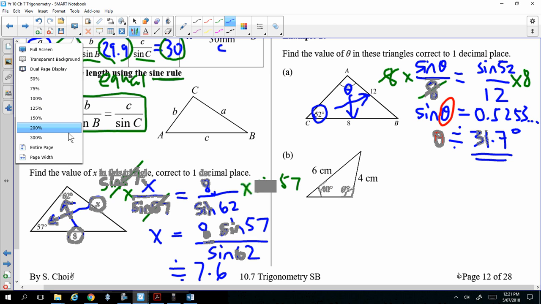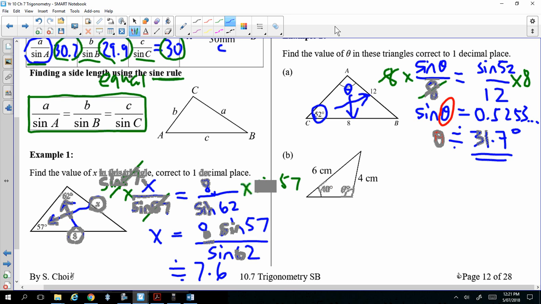Try the next one. Have a try. Find theta. So start with the angle, sine theta over 6 equal to sine 40 over 4, and solve for theta. Okay, very convenient.